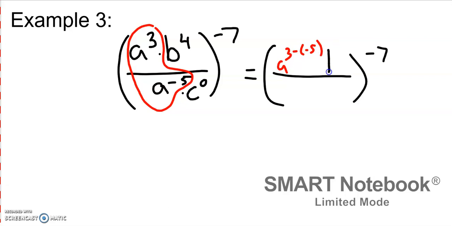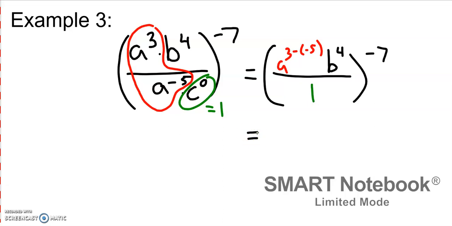B to the fourth does not have another value or another term, so b to the fourth just stays where it is. And c to the 0th, well, we know that anything raised to the 0th is 1, so it's going to be all over 1.